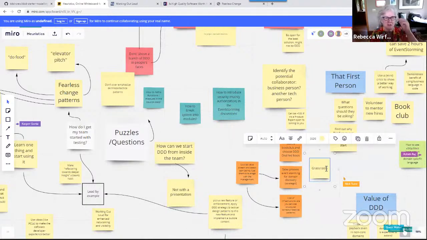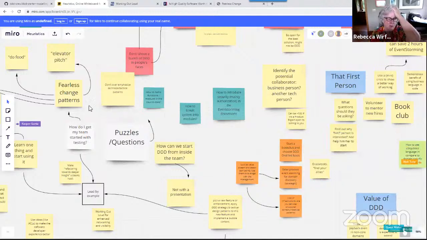One of the other patterns that I think is interesting, they have 2 patterns. I'm going to talk about them. Develop an elevator pitch. That may sound kind of silly, but it's the 25-second benefits of what we're doing. If I want to do DDD for a particular whatever, why do we care?